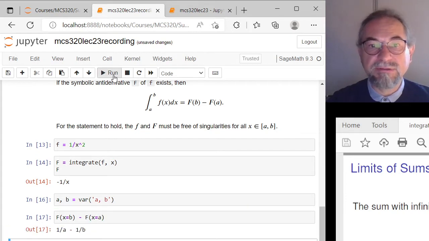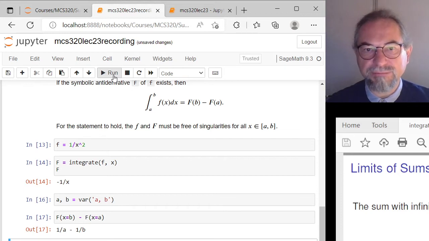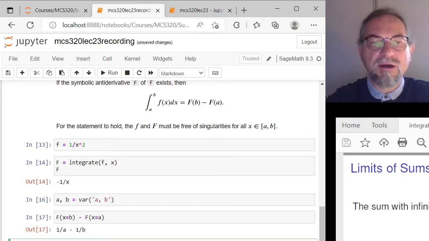And here we get the symbolic expression, which is wrong. So let me make that point: the computed symbolic value of the integral is wrong.